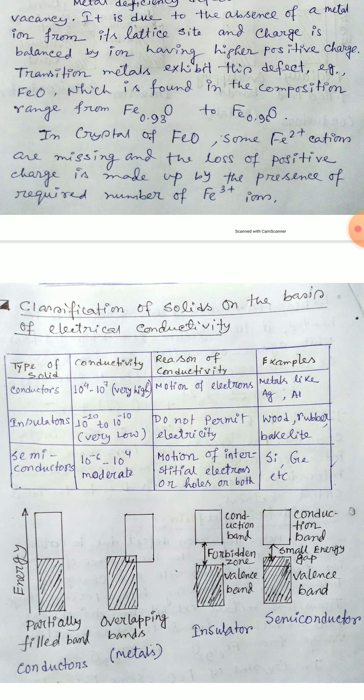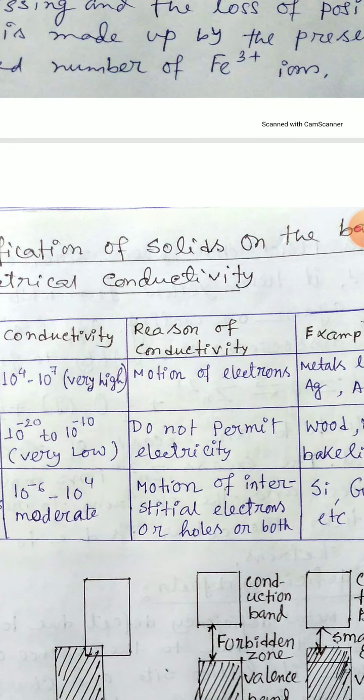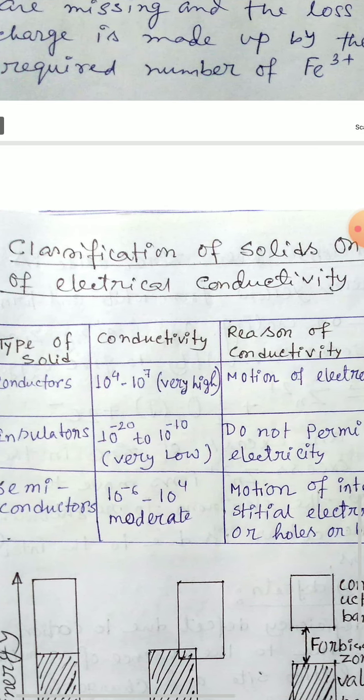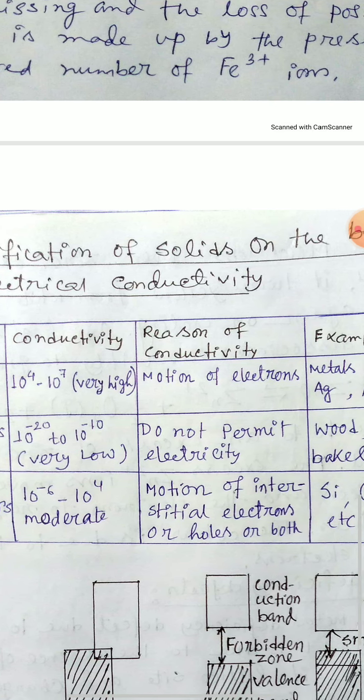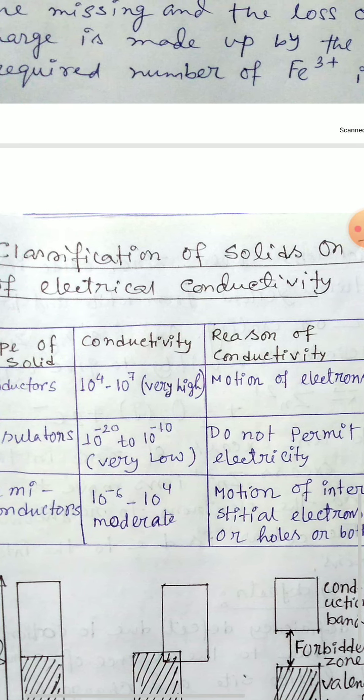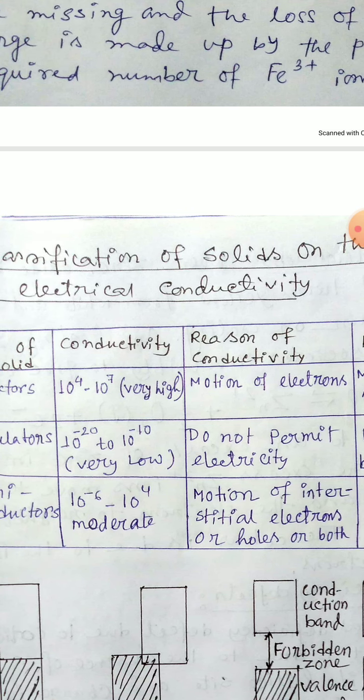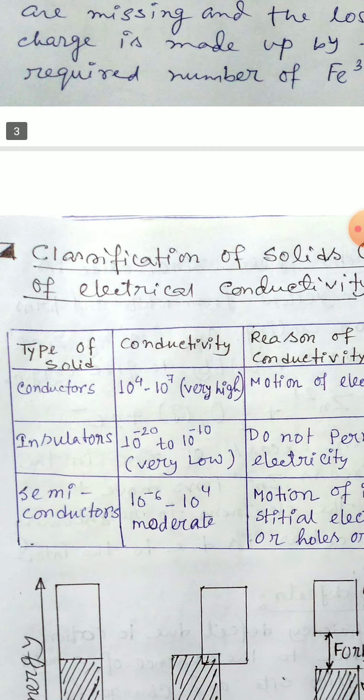For a conductor, the reason of conductivity is the motion of electrons. For an insulator, they do not permit electricity because their conductivity is very low.